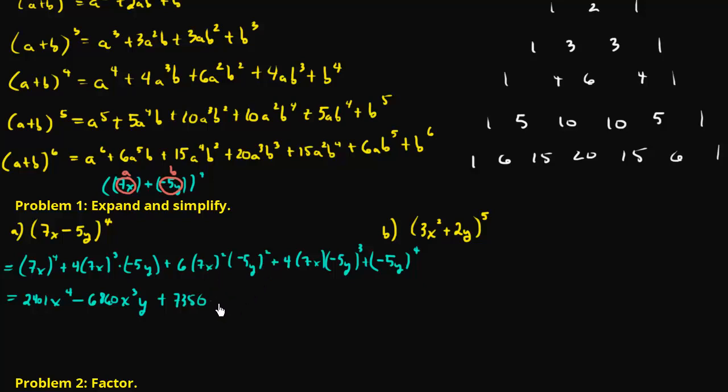And then I'll have x squared y squared. My next term, because I'm raising negative 5 to an odd exponent again, is going to be negative. Then I would have 4 times 7 times 125 as the coefficient, and if you compute that, you get 3,500.